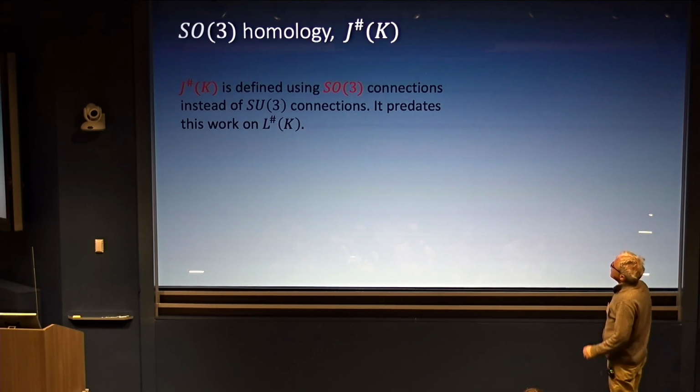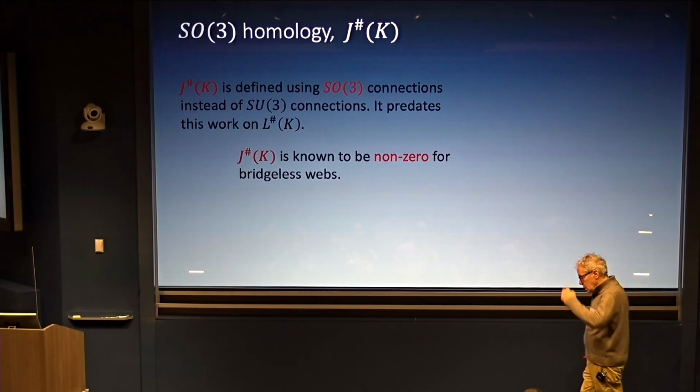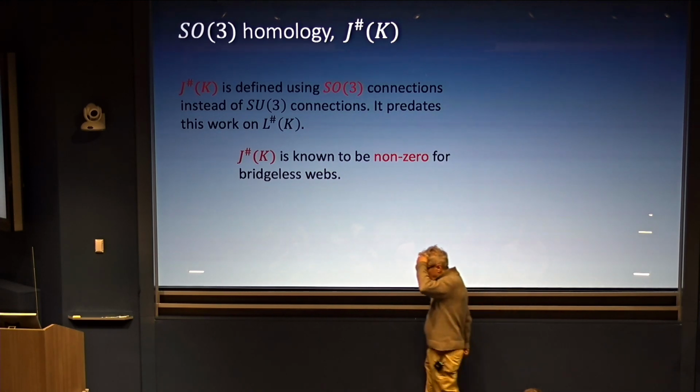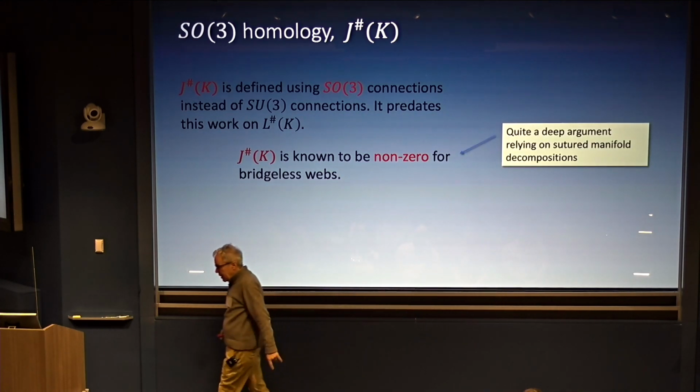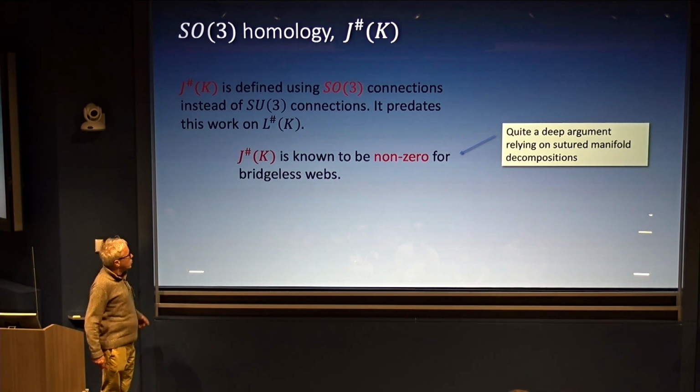At the very beginning, I talked about J sharp of K, which is the same thing almost, but it's defined using SO3 instead of SU3. It long predates the work we're doing now. J sharp had a beautiful property proved using sutured manifold decompositions, which is that it's non-trivial, non-zero for, at least for bridgeless webs.